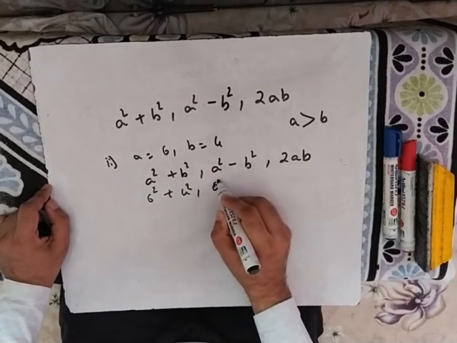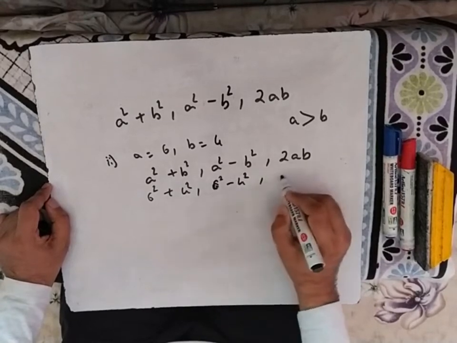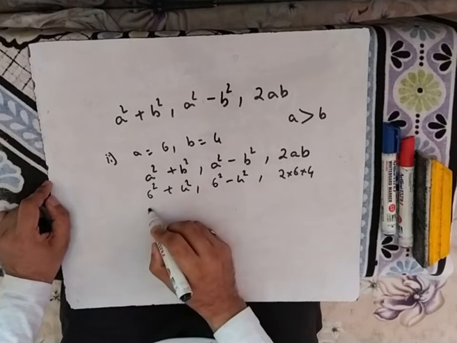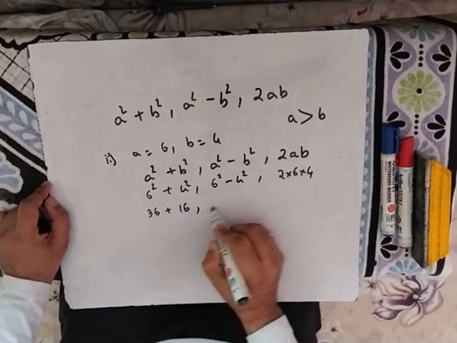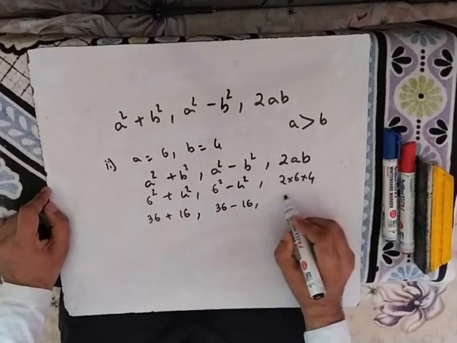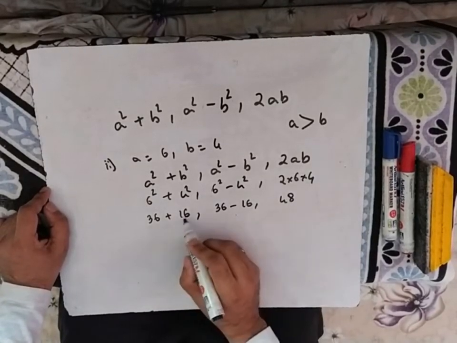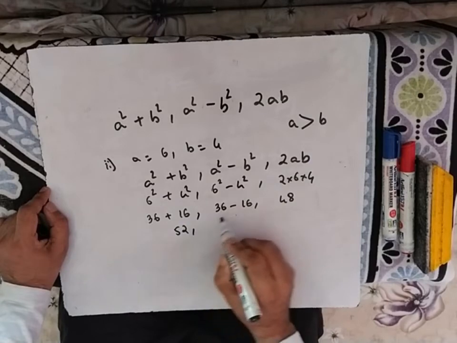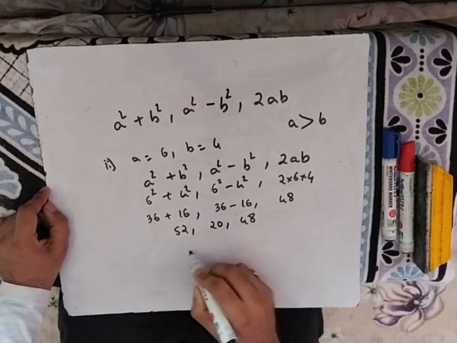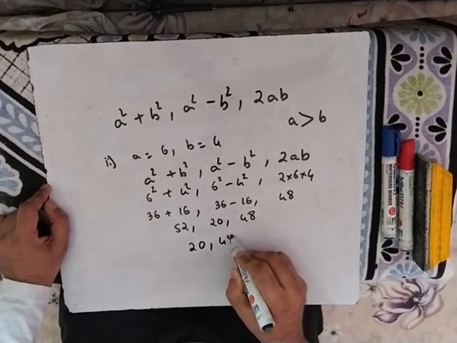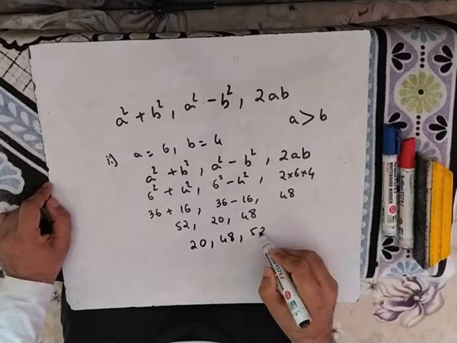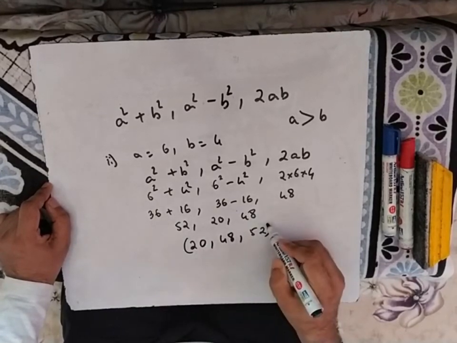Same way here also: 6 square minus 4 square, 2 into 6 into 4. 36 plus 16, 36 minus 16, 2 into 6, 12 into 4, 48. 36 plus 16 will be 52. 36 minus 16 will be 20, 48. So we got one more Pythagorean triplet: 20, 48, and 52.